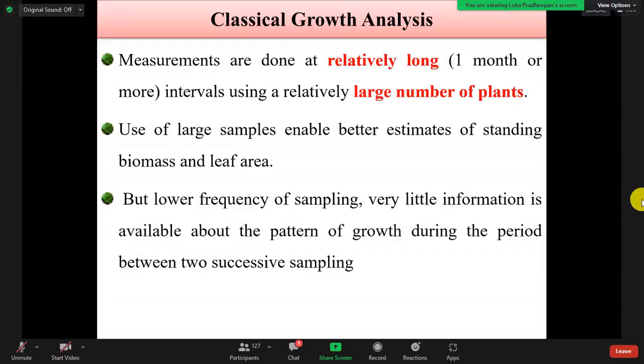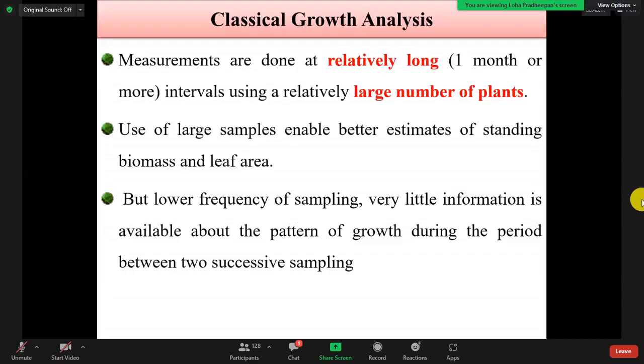Every time we take a sample, the amount of sample we take would otherwise be reduced. But in the classical approach, every 1 month or 1.5 month interval, we are taking the samples for the analysis. In that case, we can take a large number of samples.